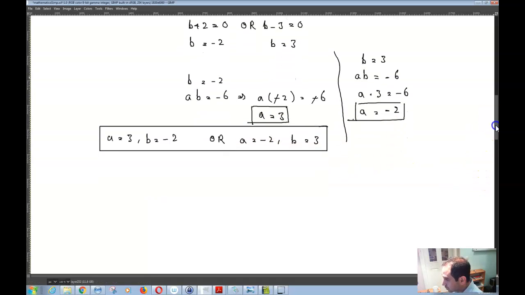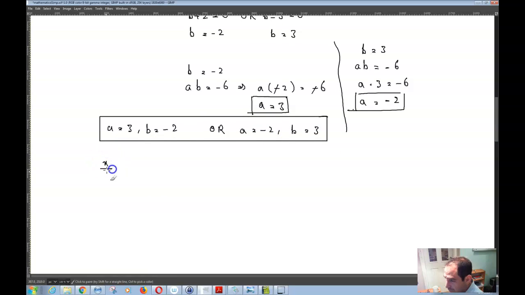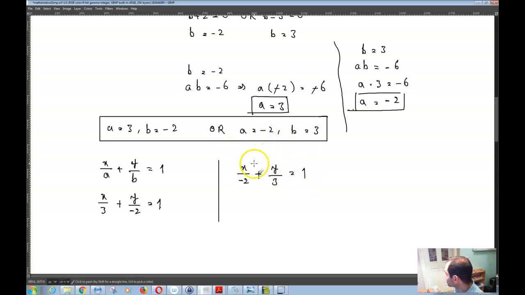So then you can write the equation of the line as x over a plus y over b is equal to 1, and so you can write x over 3 plus y over negative 2 is equal to 1. That is basically one equation. Or you can write x over negative 2 plus y over 3 is equal to 1. That is another equation.